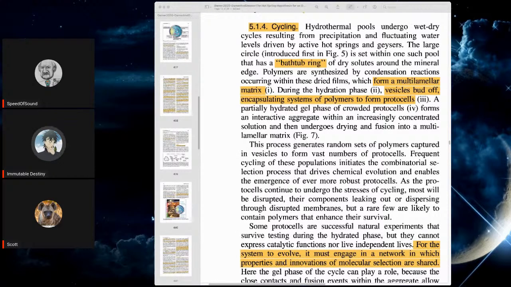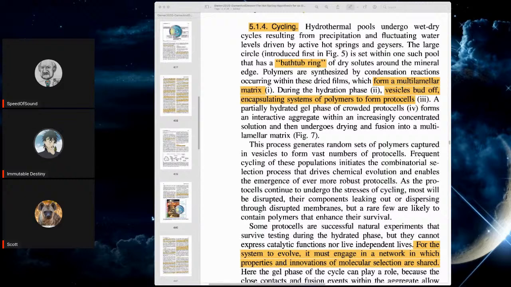3, a partially hydrated gel phase of crowded protocells. 4, forms an interactive aggregate within an increasingly concentrated solution and then undergoes drying and fusion into a multilamellar matrix. This process generates random sets of polymers captured in vesicles to form vast numbers of protocells.